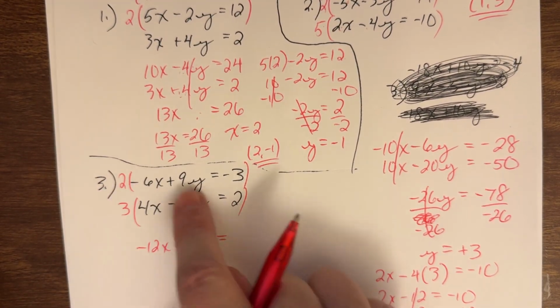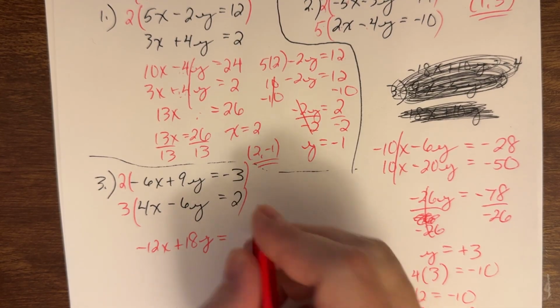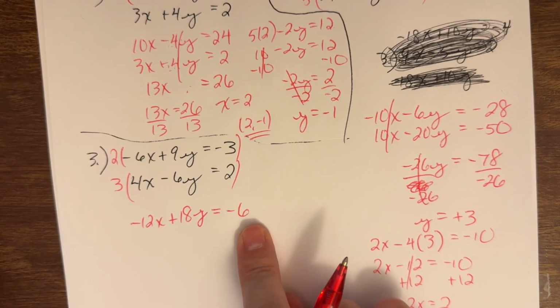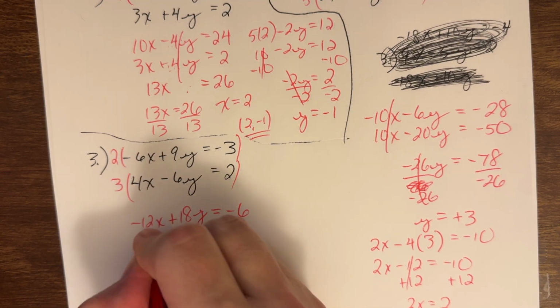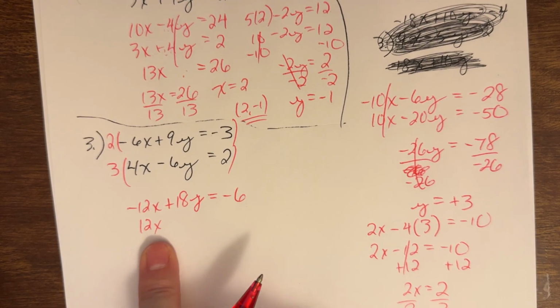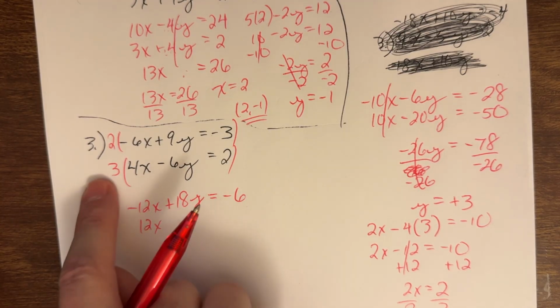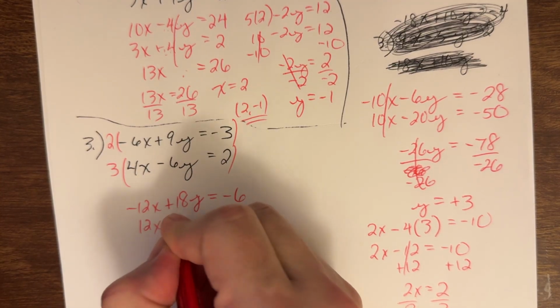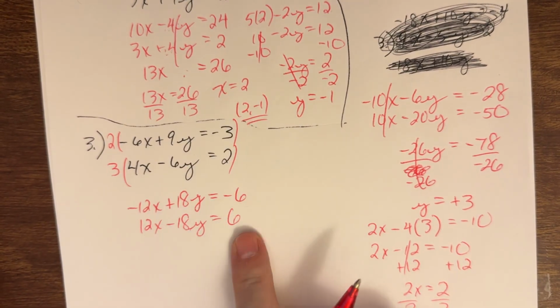People only multiply one side of the equation, but you got to go over here as well. 2 times negative 3 gives me negative 6. Down here, 3 times 4, there's the positive 12x. Makes me feel good. I see that's going to cancel, but still keep going here. That's a negative 18y, and then I get a positive 6 here.